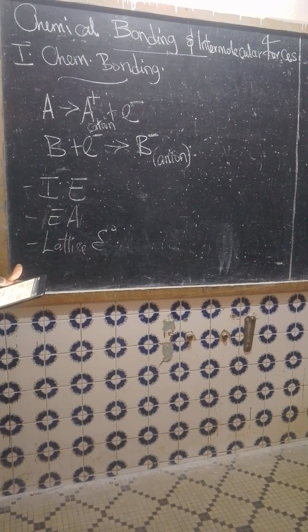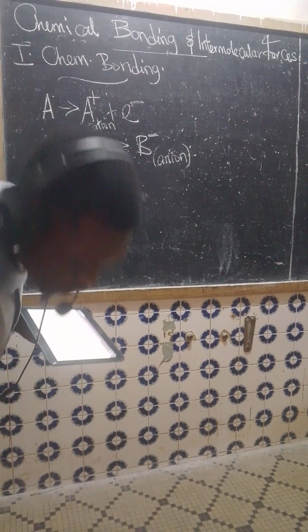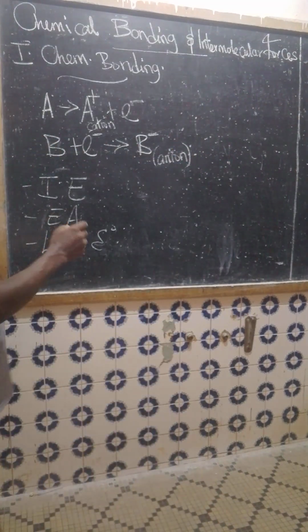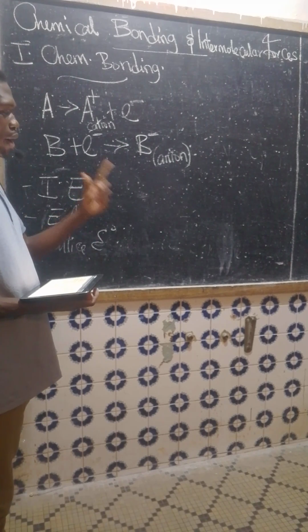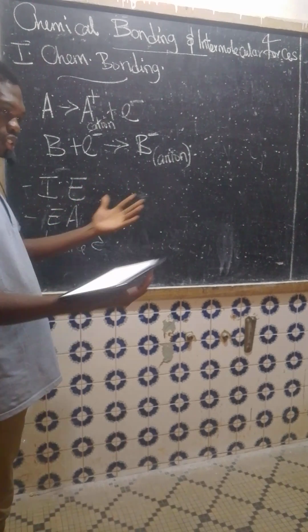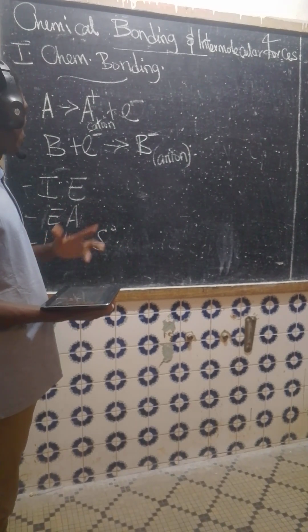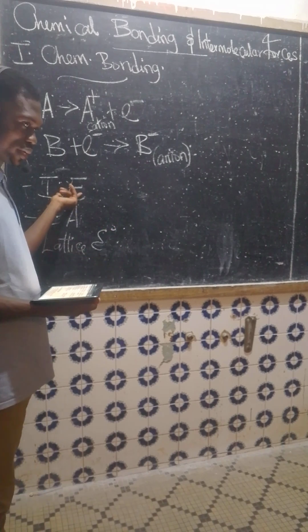So, what is ionization energy? Ionization energy is the minimum amount of energy required to remove 1 mole of electrons from 1 mole of gaseous neutral atoms to form 1 mole of gaseous positive ions.